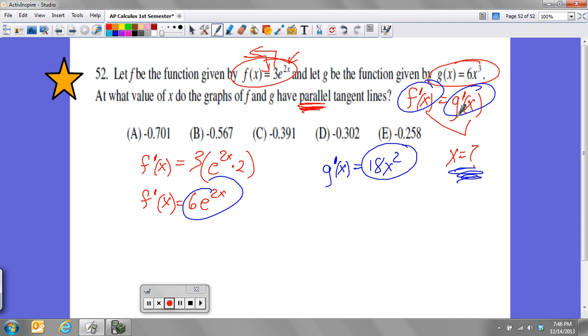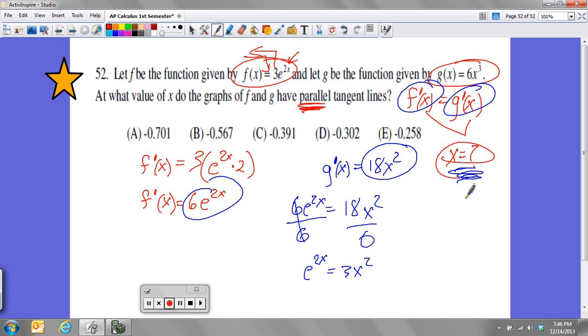Okay, so if I'm looking at trying to solve for x, if I set them equal, 18x squared, and I divide by 6, I'm going to get 3x squared equals e to the 2x. By now, you should notice it's going to be impossible to get these x's alone to where it's just x equals something.